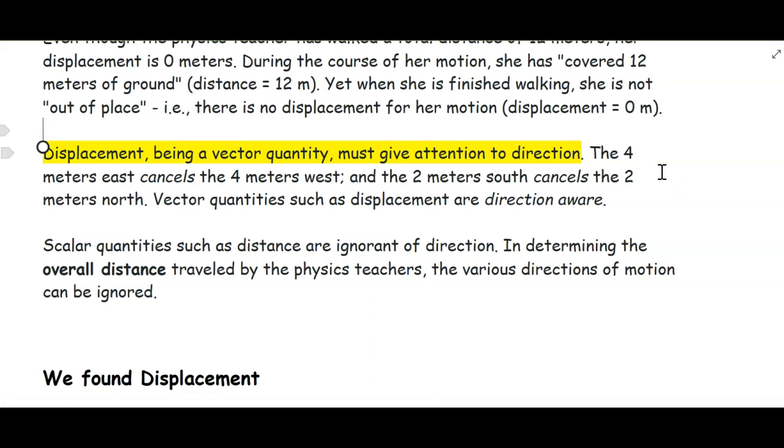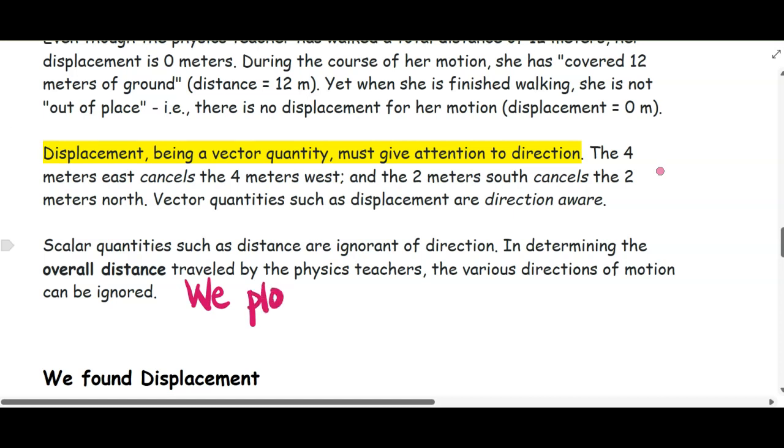So when we were plotting our, using the meter sticks and going north, south, east, or west, we were plotting vectors. All right. So we plotted 4 vectors, which is why I call this a vector course.